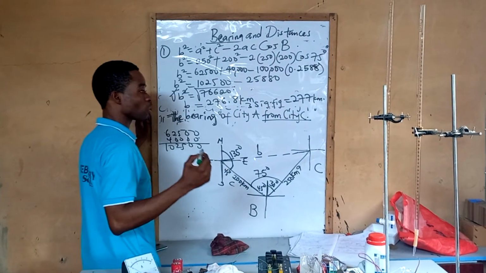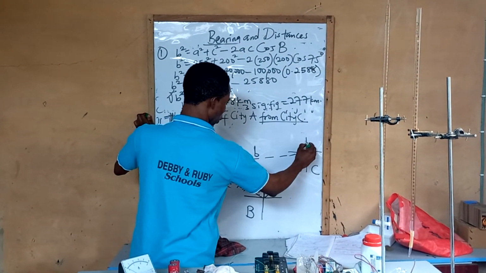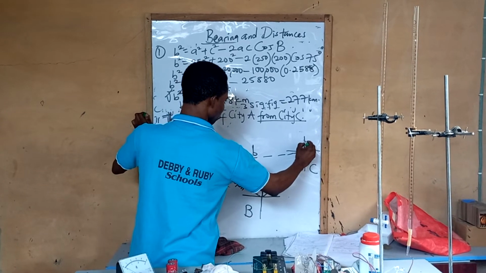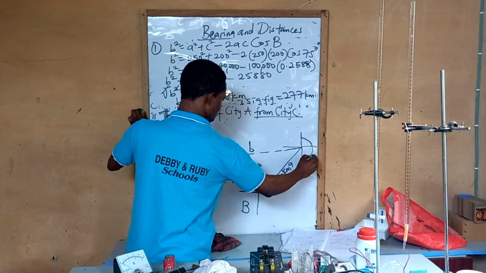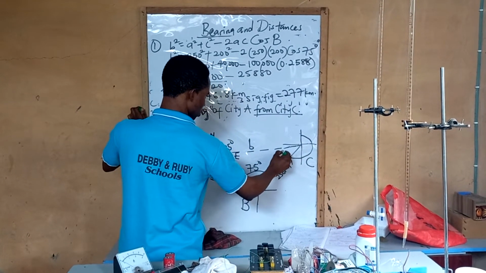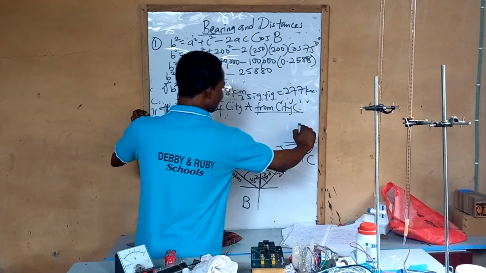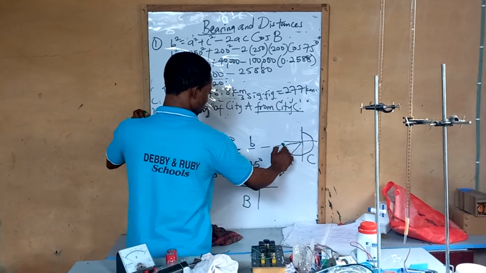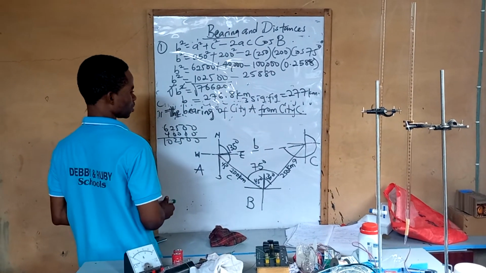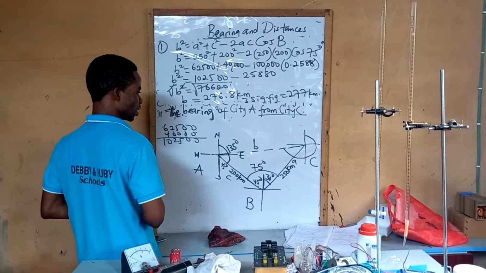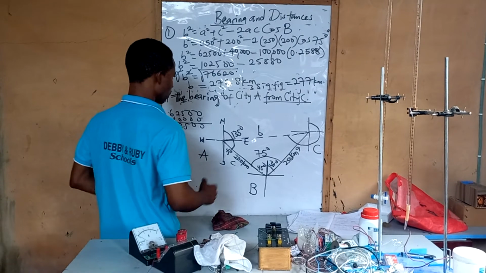I told you, whenever you are looking for a bearing, you start from the north of the place they ask you to find, city C. Anywhere you see, stop it. So anything from here down to here, you write as the bearing of city A from city C. Now, how do we do that?